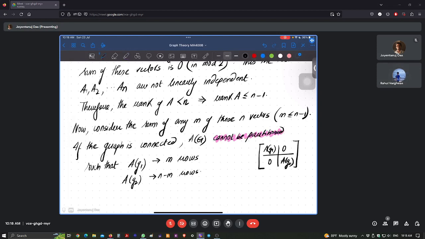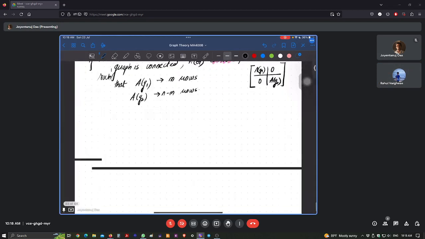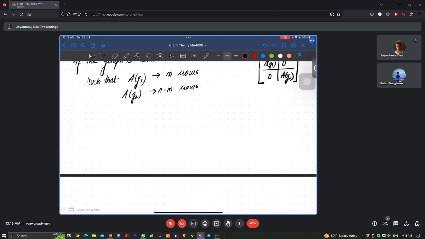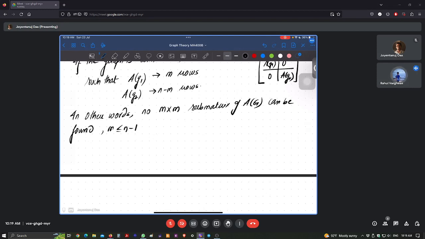So in other words, we cannot find an m cross m submatrix of this AG, where m is less than n minus 1, that is already given, such that if I take modulo 2, the sum of the rows is equal to 0.